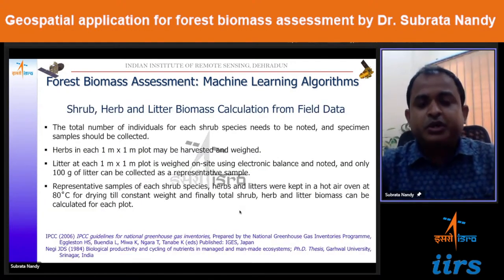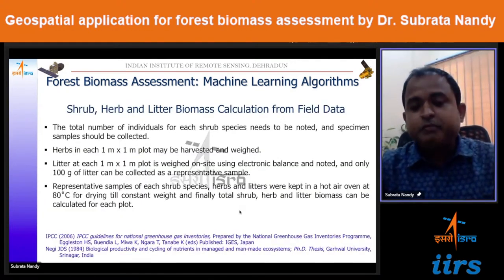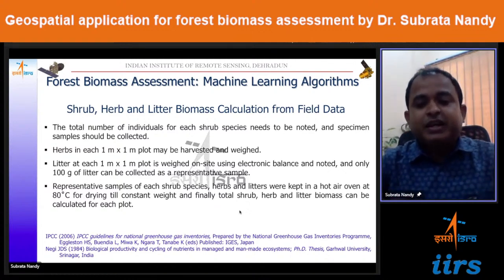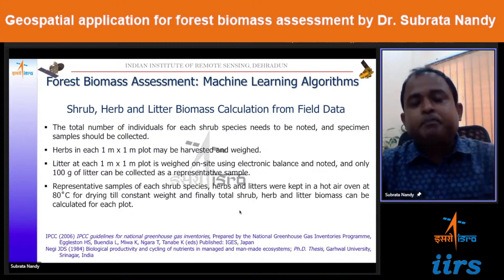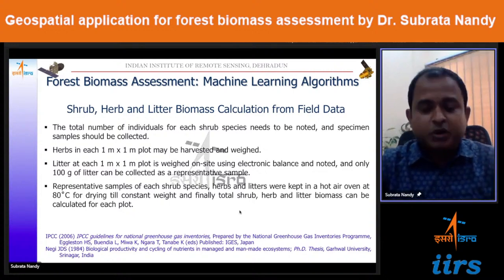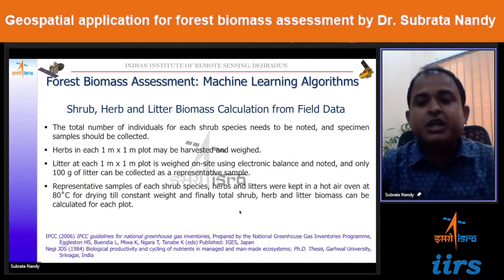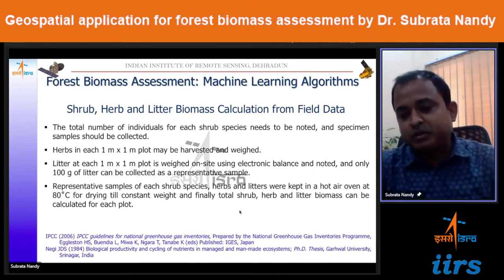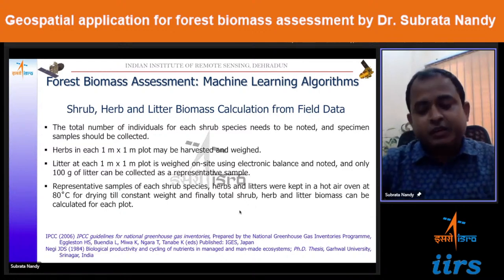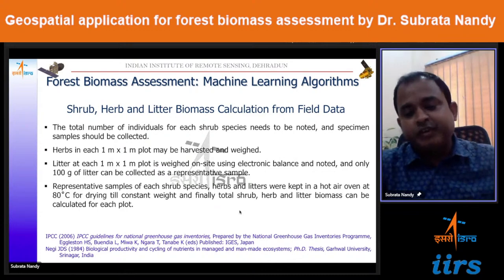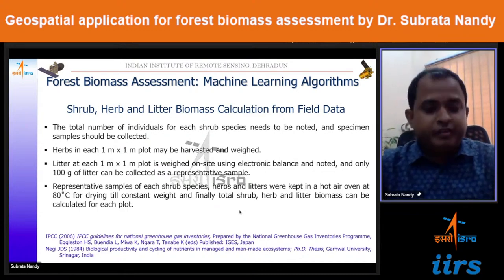for shrub biomass, we did 5 by 5 meter plots at each corner, and we collect samples of each species. There will be many species, so let us say we take species 1, and one sample is cut and weighed. We take the fresh weight, and then we take a piece of this and oven dry it, and then we convert it to oven dry weight.